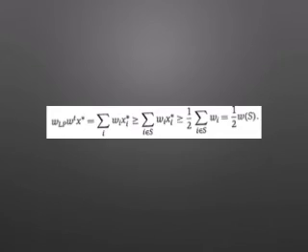W_LP = w^T x* = the sum over all i of w_i x_i*, which is greater than or equal to the sum over i in S of w_i x_i*, which is greater than or equal to 1/2 times the sum over i in S of w_i, which is equal to 1/2 times w(S).